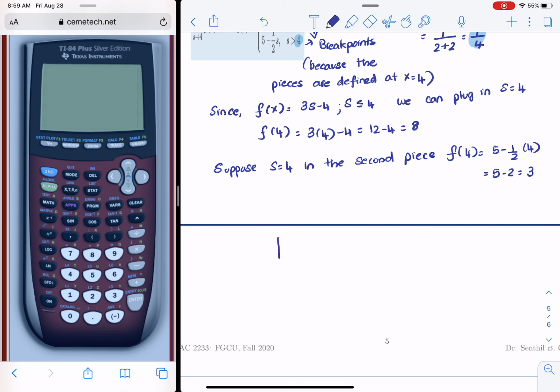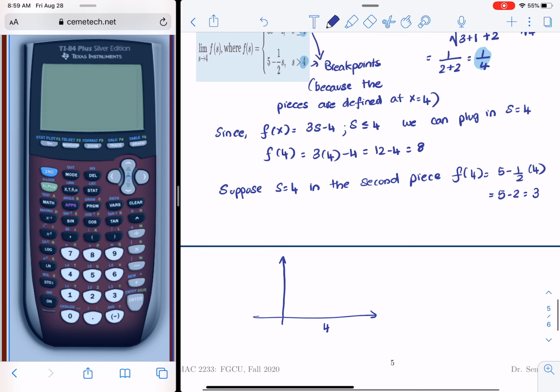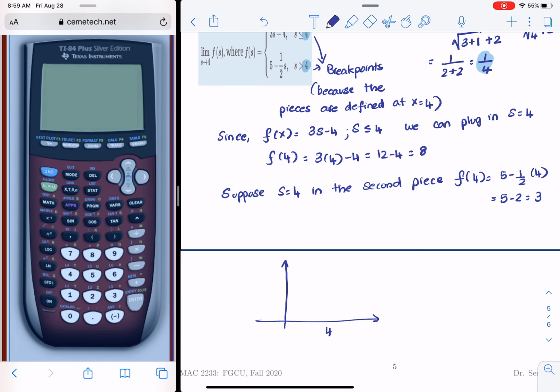If you can't see it, at 4, the first piece gives me the value 8. And since it is less than or equal to 4, closed dot.